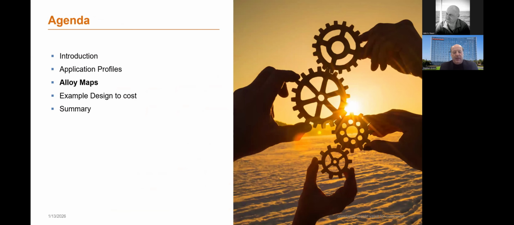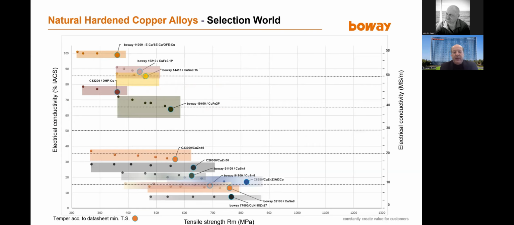Good. Let's go to alloy maps, and I have made some effort actually in, let's say, getting the positioning of alloys a little bit more precise. And as such, you see in the first place the conductivity on the left side or right side, depending which unit you prefer. And we see below the mechanical properties, in this case, the tensile strength.